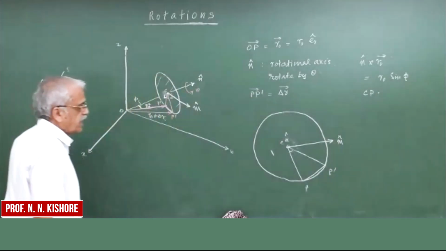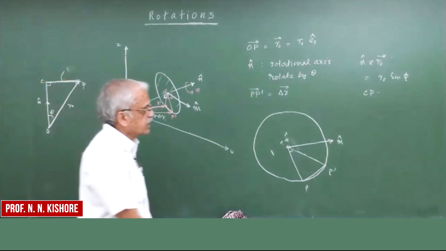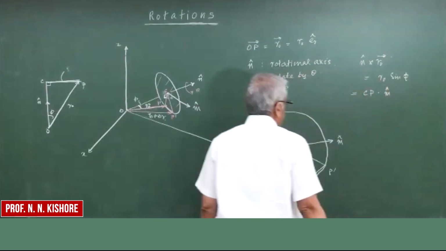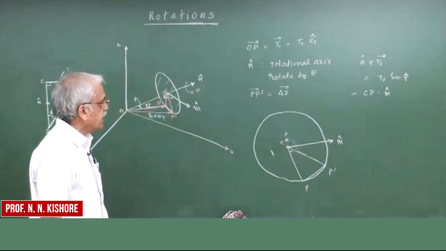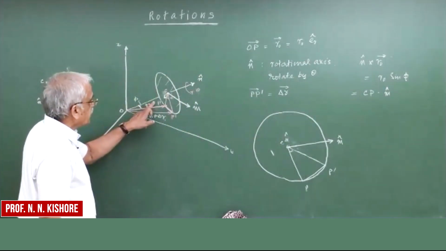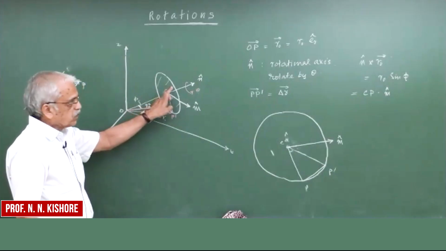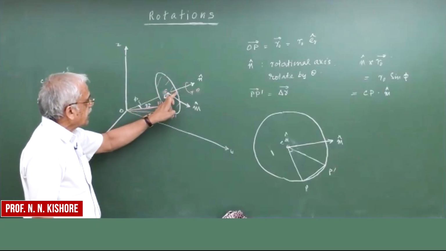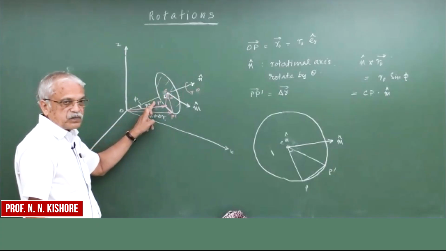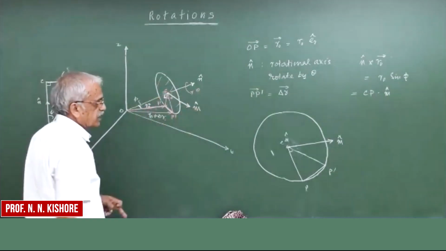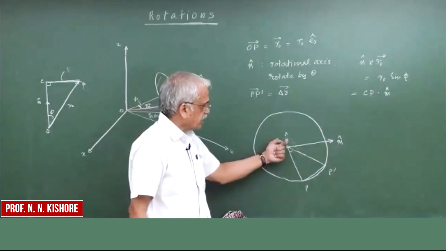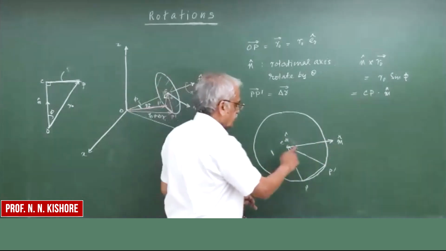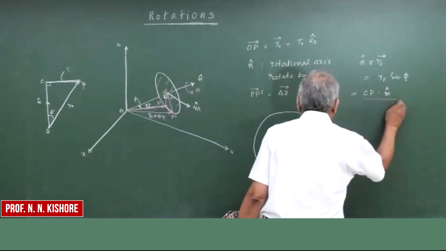So the unit vector M here, the direction of this one, is along CP. I hope you can imagine that, right? It is perpendicular to this plane, and perpendicular to this plane, so obviously it has to be in the plane of the circle, and it is also perpendicular to this one. It is something like here, so it should be perpendicular to that, in this direction, and its magnitude is CP.